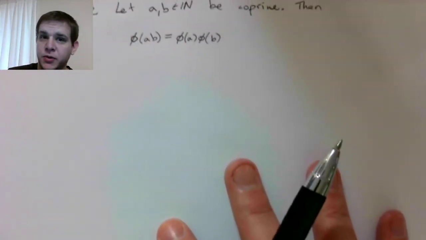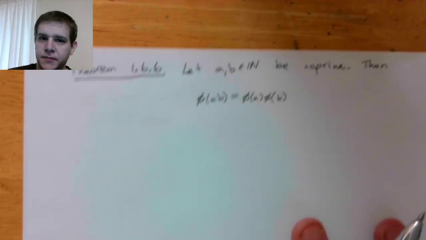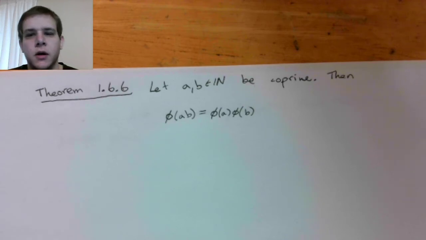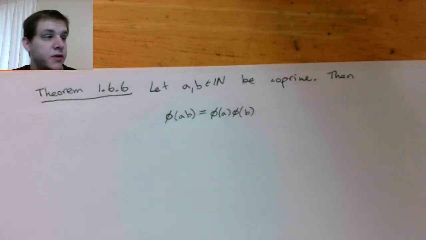So what's this theorem? This theorem is theorem 1.6.6. So here we're going to take two coprime numbers. So this is sort of the opposite of prime powers. So prime power is obviously p times p. P to the l and p to the k are never coprime.